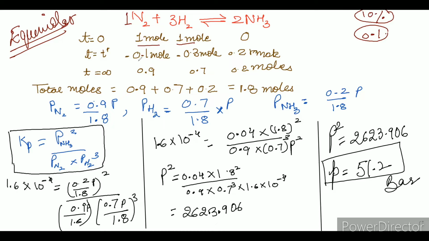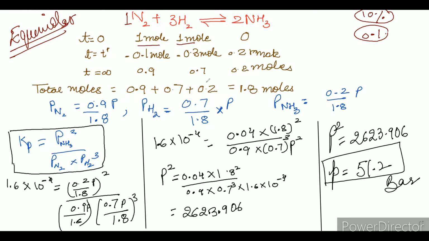So that means if our nitrogen is 0.01, then the hydrogen will be 0.03. And similarly, our ammonia will be 0.02 mole. Now, when the reaction is about to complete, that is T approaches infinity, the remaining 0.9 mole of nitrogen, the remaining 0.7 mole of hydrogen, and the formation of 0.2 moles of ammonia will take place.